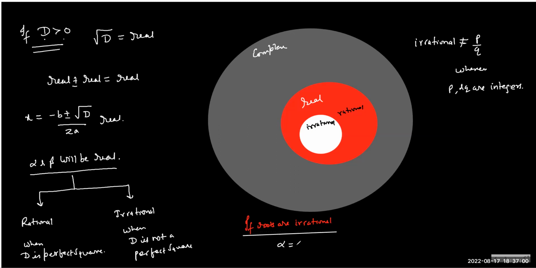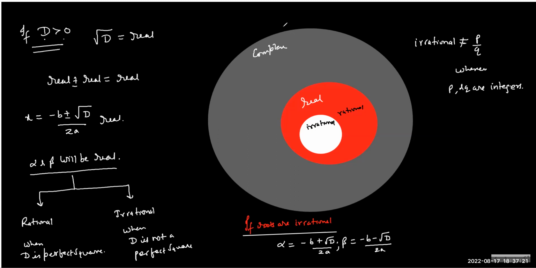So alpha, if you represent it by minus b plus root d by 2a, then beta is going to be minus b minus root d by 2a. And what is the difference between these two roots? Can you guess? Only the sign between the two terms.